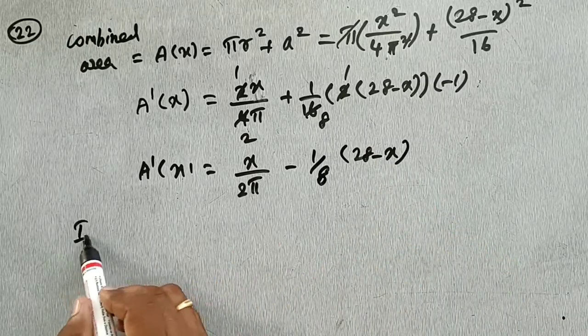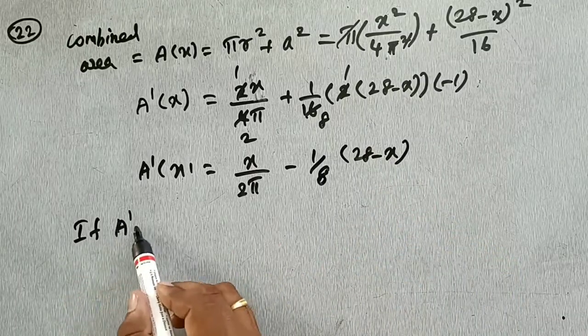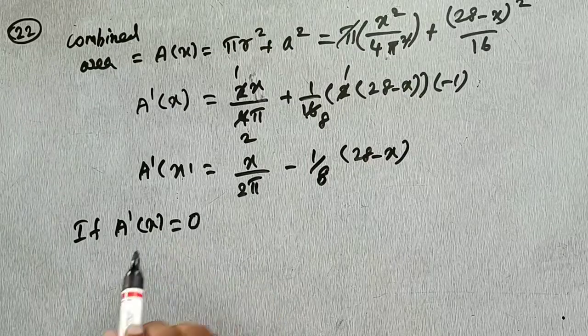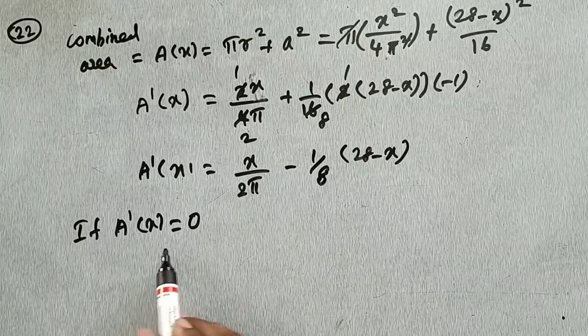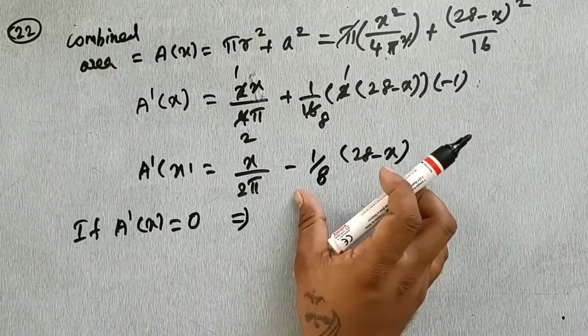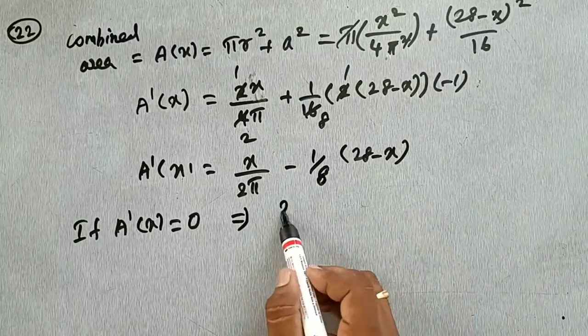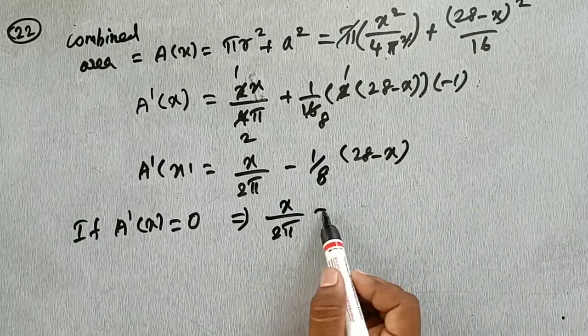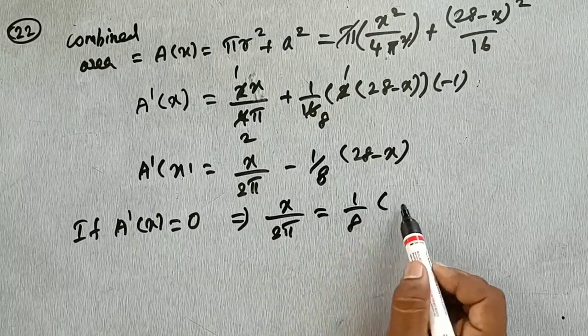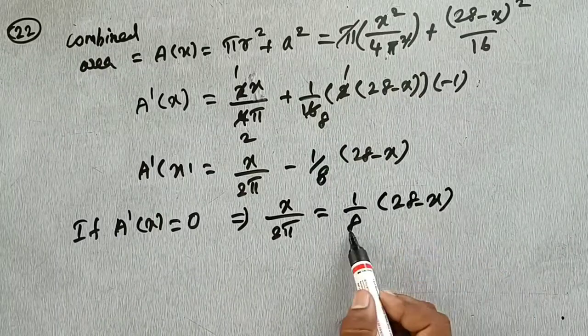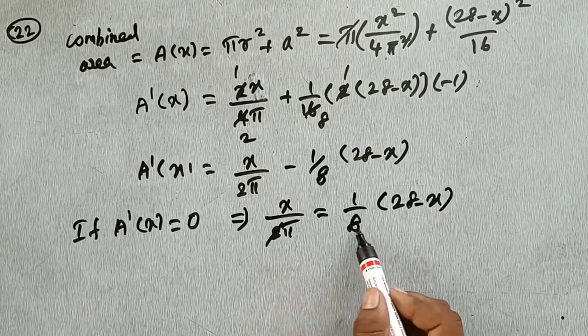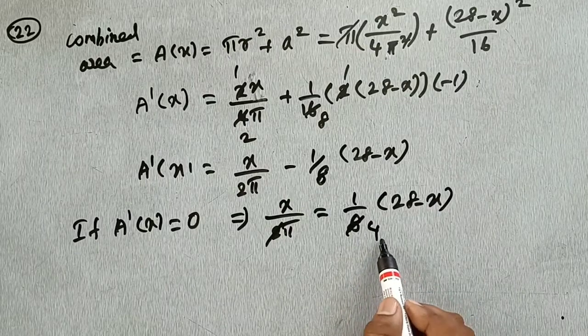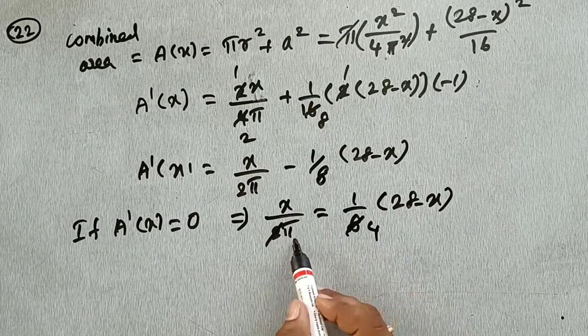So if I want to find the critical point, A dash of x must be equal to 0. This implies one of these terms goes to the right side. So x by 2 pi equal to 1 by 8 into 28 minus x. We can cancel one time, here it will come 4 times. Cross multiply 4 here and pi here.